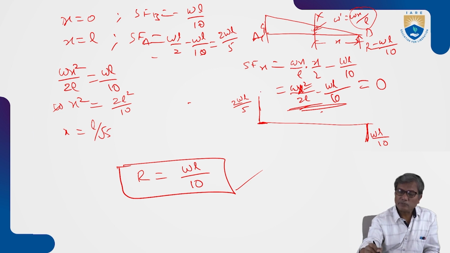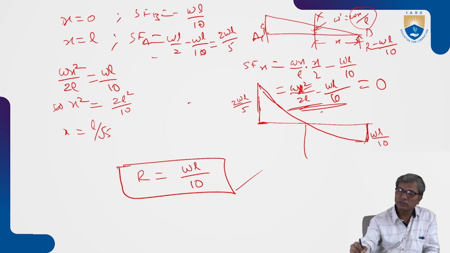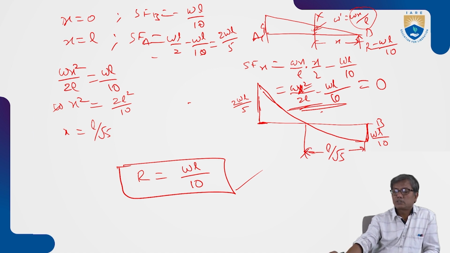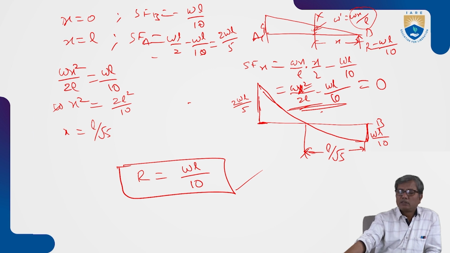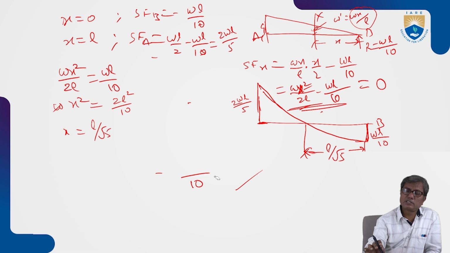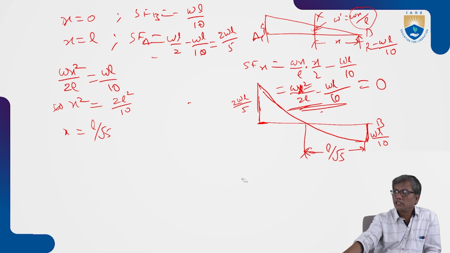Okay. So it means the diagram will be something like this. X is measured here from B, which is L by root 5. At a distance of L by root 5, the shear force changes sign from free end B.